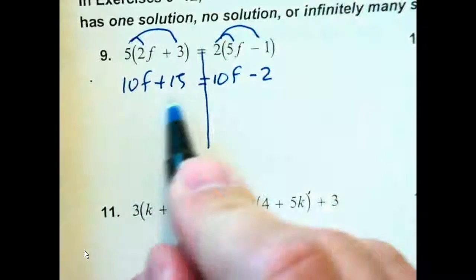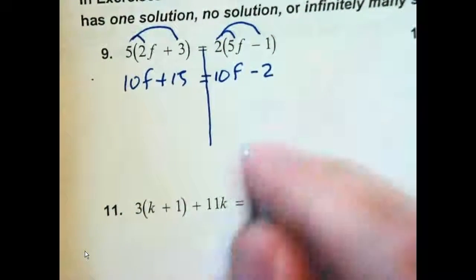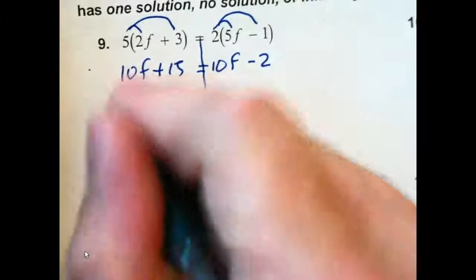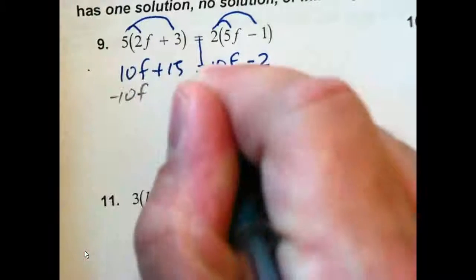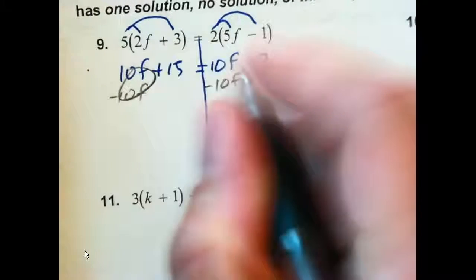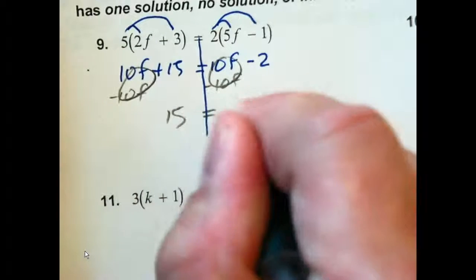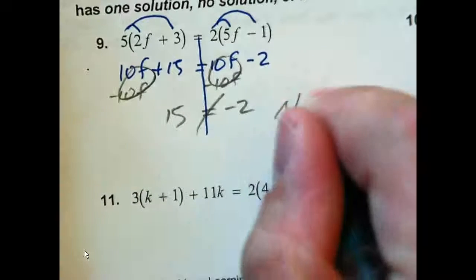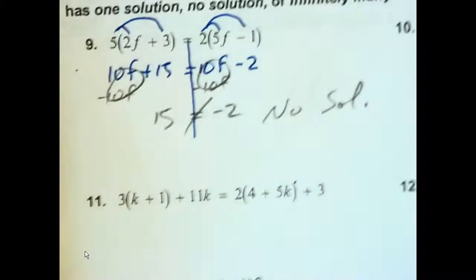Can 10f plus 15 equal 10f minus 2? Notice if you subtract 10f on both sides, you end up with 0 and 0, and so you get 15 equals negative 2, which is not true. That's a no solution. Good job.